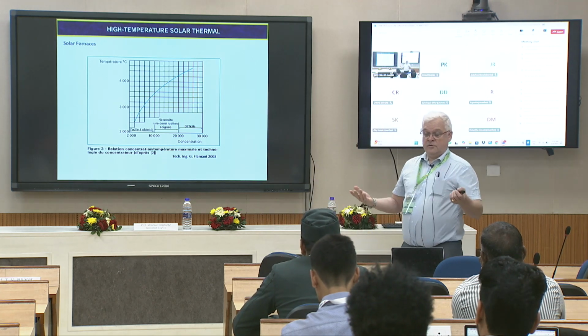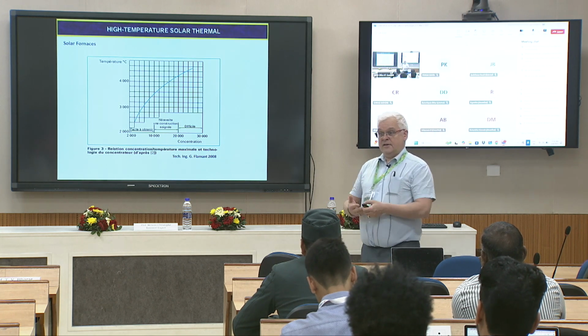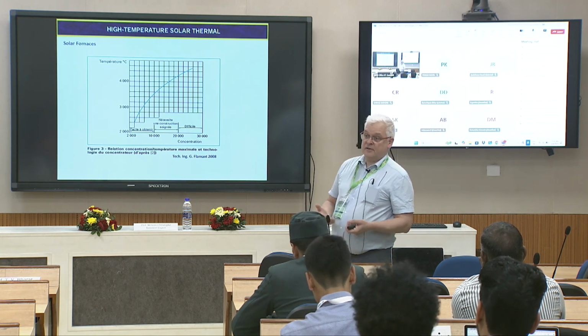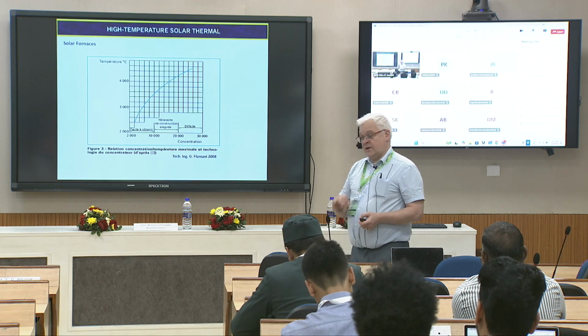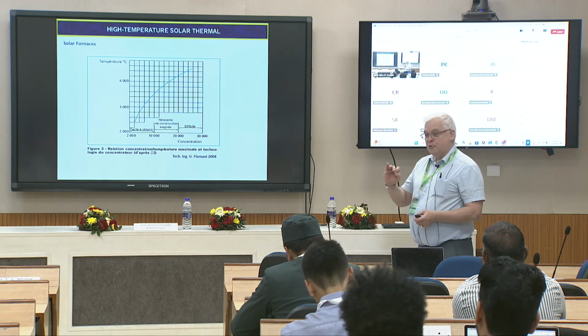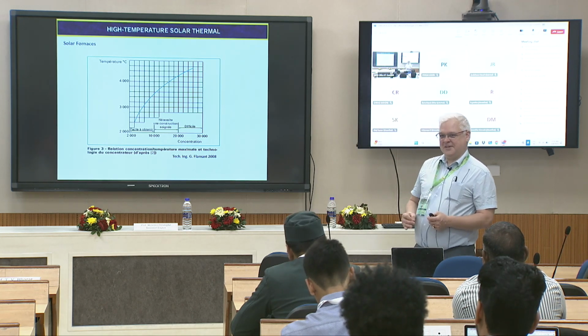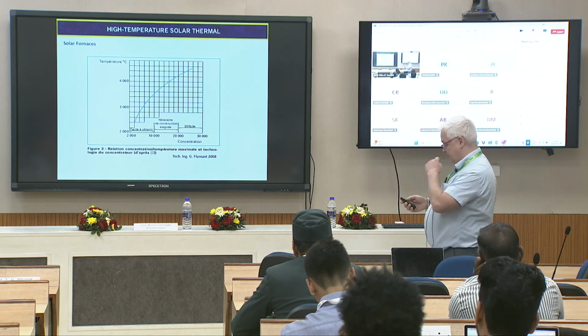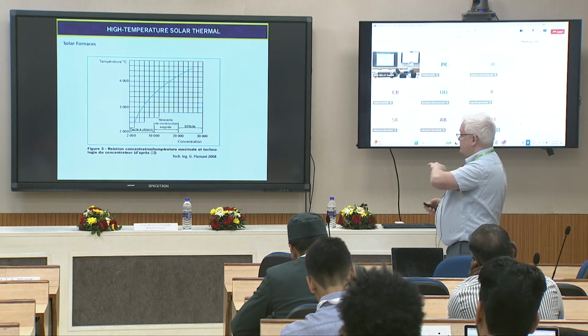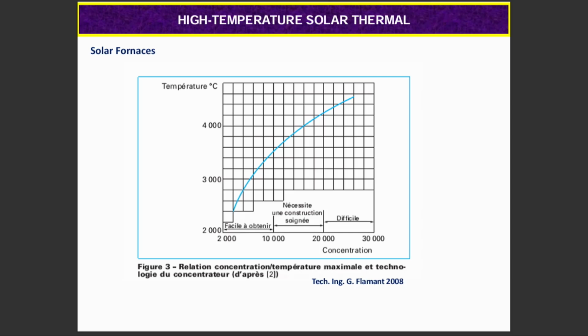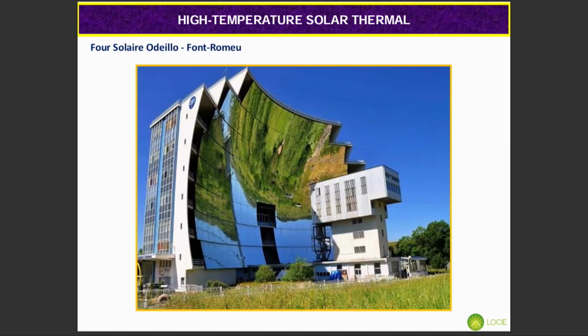And also you have less pollution, fewer particles in the atmosphere. So you can reach very pure radiation on the surface. With such conditions, they were able to reach over 4,000 degrees. This is a lab in the Pyrenees.